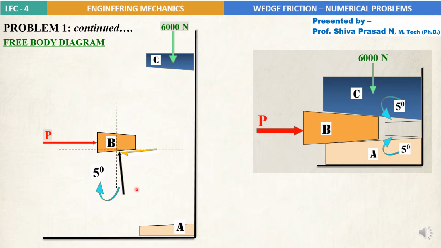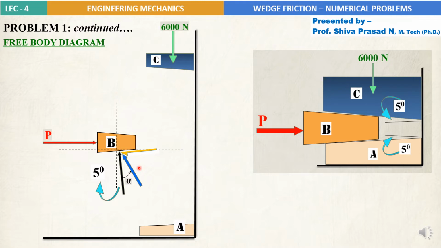And continuing, you have the frictional force in the opposite direction of the applied force P, and you are required to consider the resultant of the normal reaction and the frictional force for solving problems on wedges. So the inclination of the resultant force with the normal is represented by alpha, and it is called angle of limiting friction.